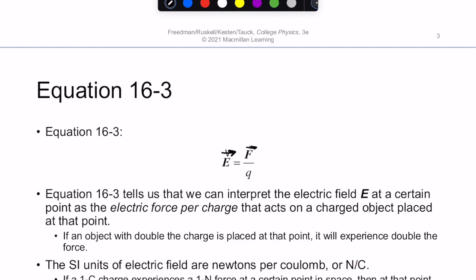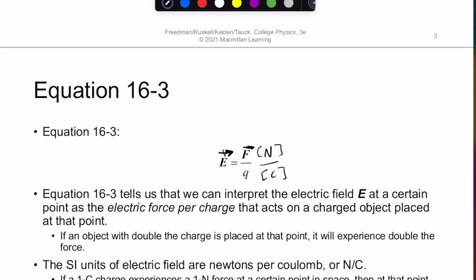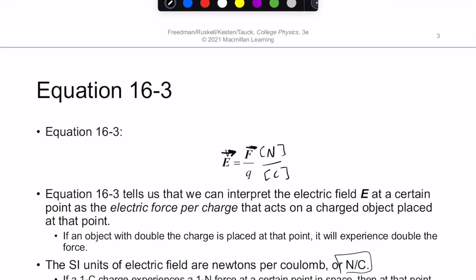From this we can see the units of electric field: newtons per coulomb. If a 1 coulomb charge experiences a 1 newton force at a certain point in space, then there's an electric field right there of 1 newton per coulomb.